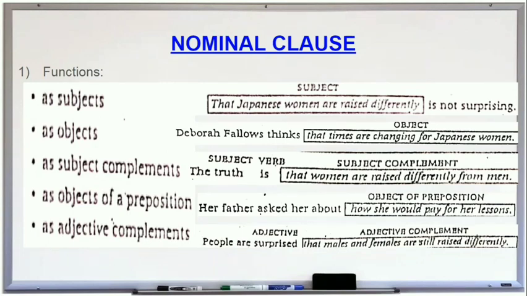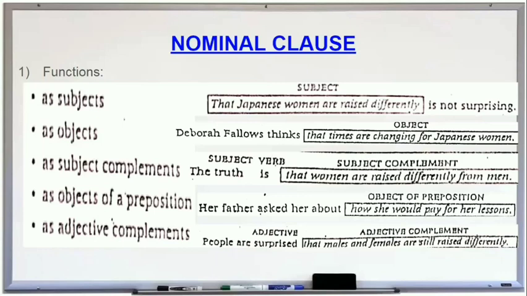Let's read the first example. That Japanese women are raised differently is not surprising. So, in this case, the nominal clause is before the main verb, the main copular verb, the linking verb is. So, it is the subject of the sentence.